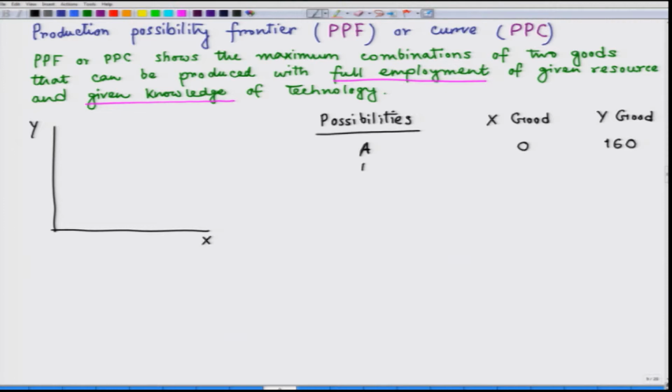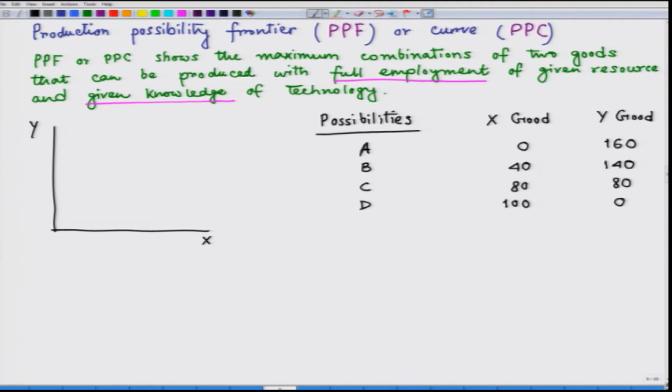There is also a possibility B which offers 40 units of good x and 140 units of good y. Similarly, a possibility C exists where you will get 80 units of both the commodities, and there is possibility D where you get 100 units of x, but you will get 0 units of y good.